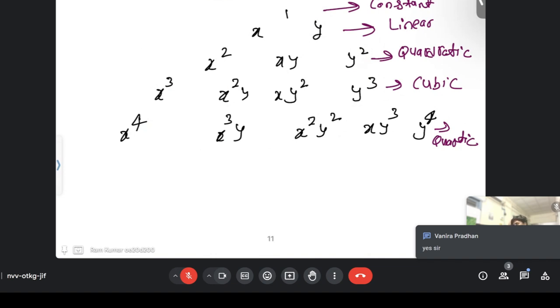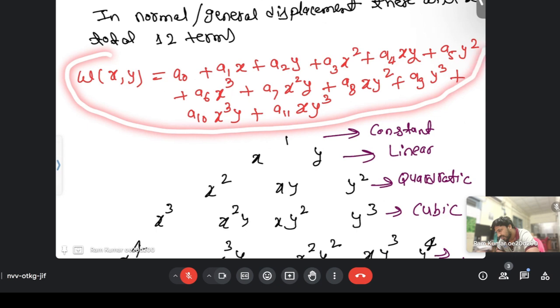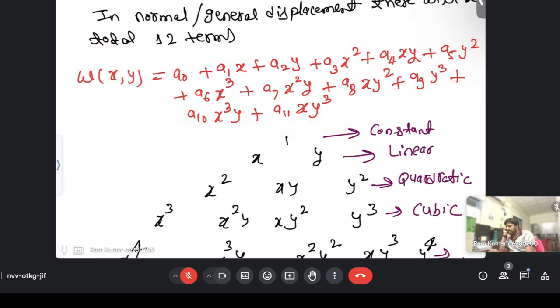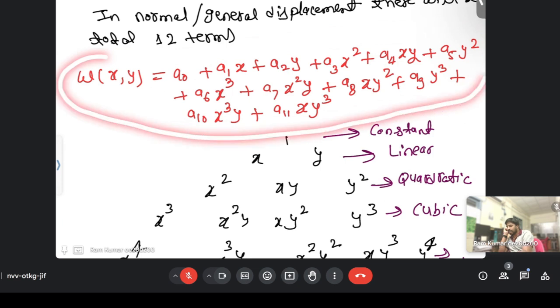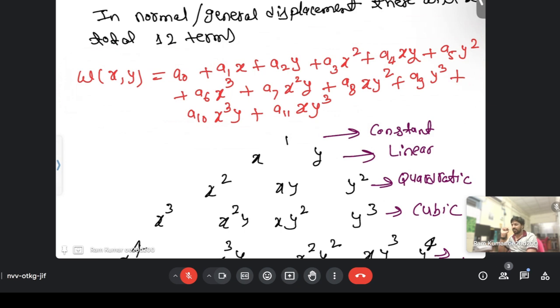Yes. So now what are we doing? Now what we have to do. So we got this general displacement term, this one we got here. But what we have to do is find the shape function for each node. By using this one, we are going to find that shape function.